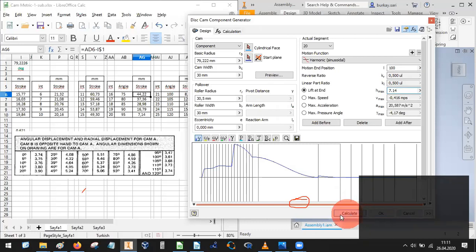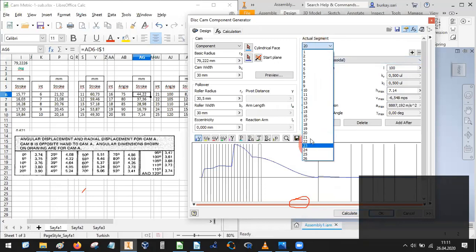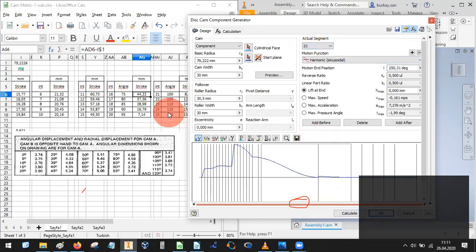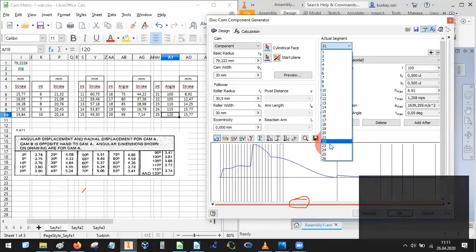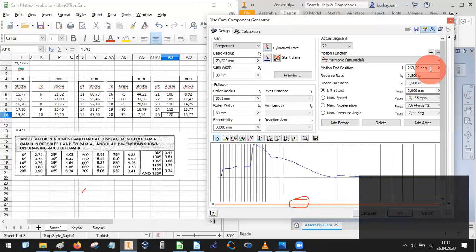We have a strip decrease at this point. 21. We have 105 at that point, which is 8.92. Calculate. For 22 segment, we have 110 and 12.5.